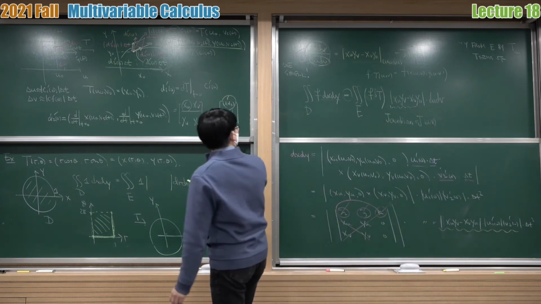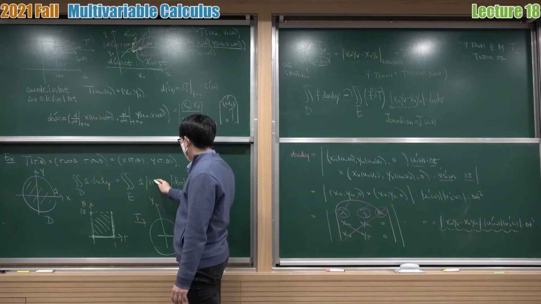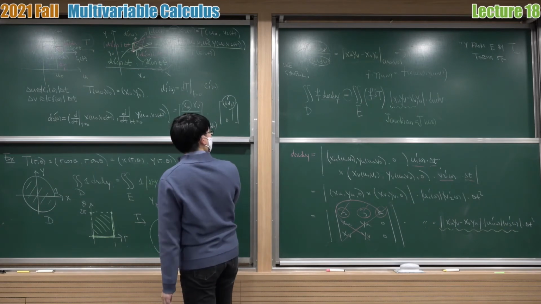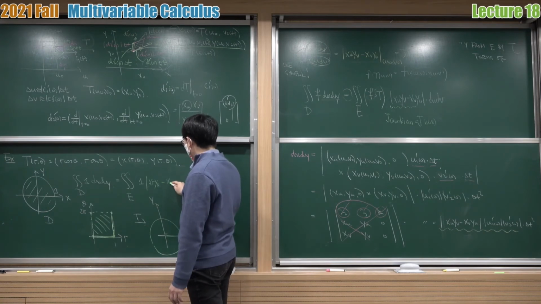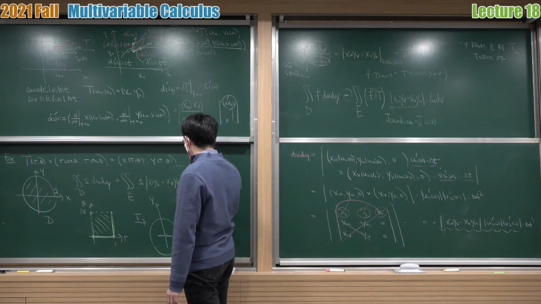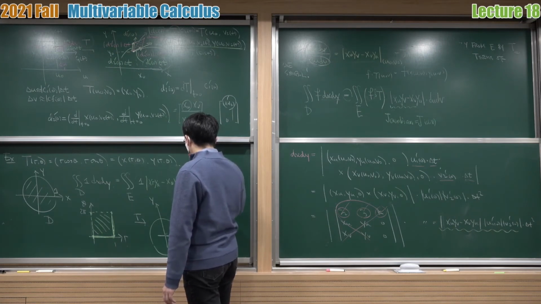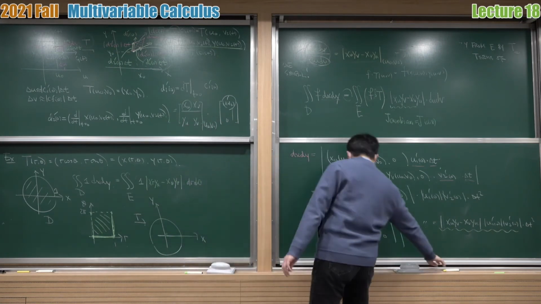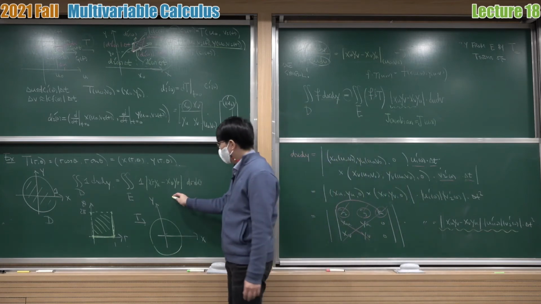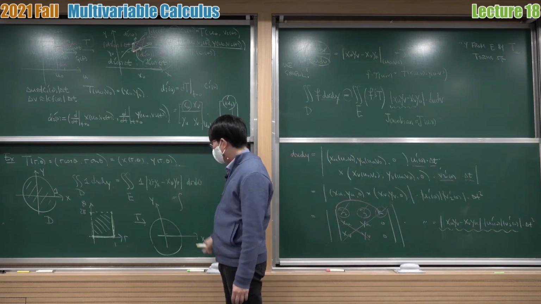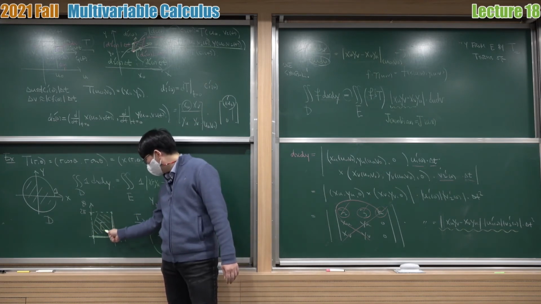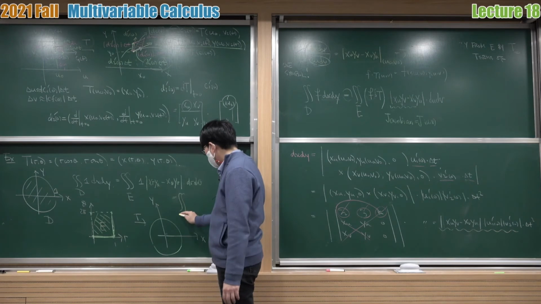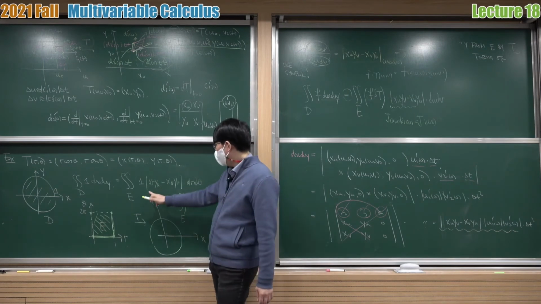So this equals x_r y_theta minus x_theta y_r, dr d theta. And what's E? E is this guy, right? Let's put it here.